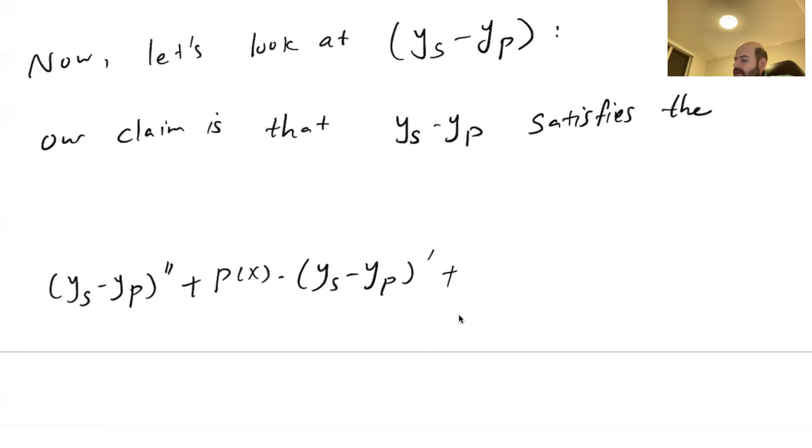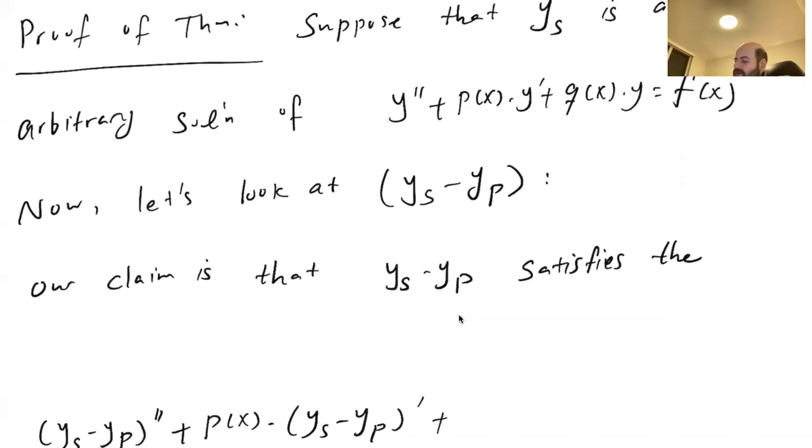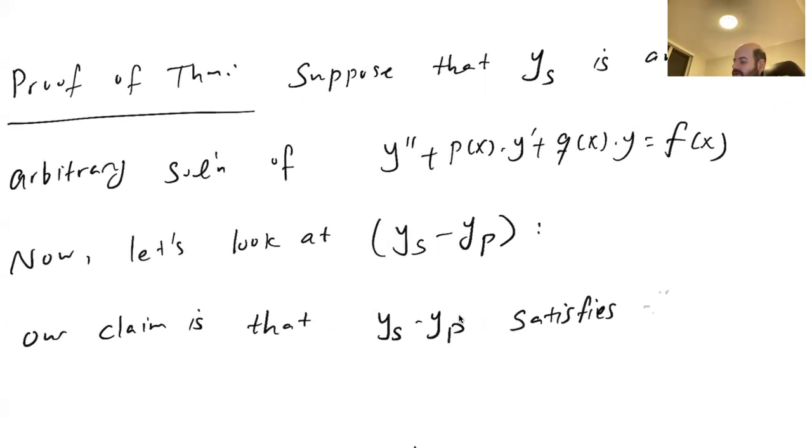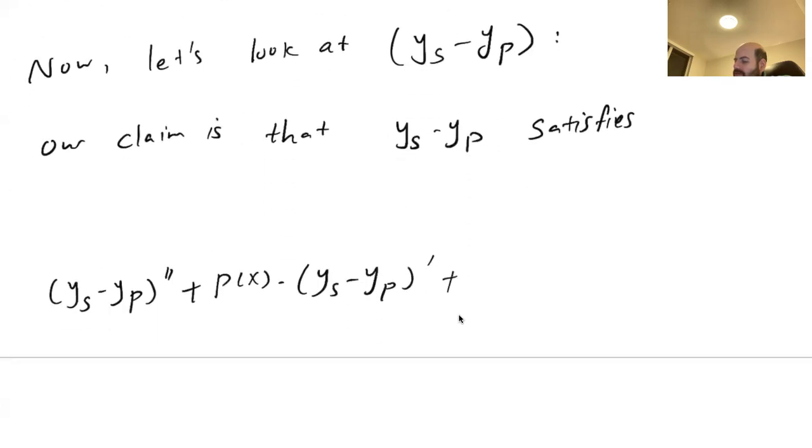I mean, the homogeneous version. So it satisfies y double prime plus p of x y prime plus q of x y equals 0.